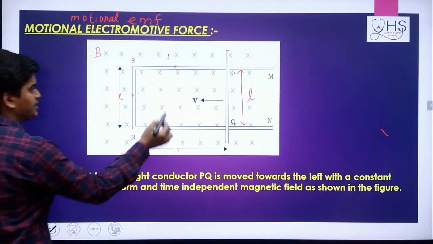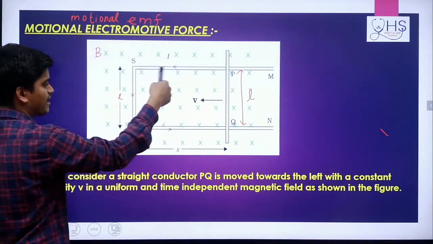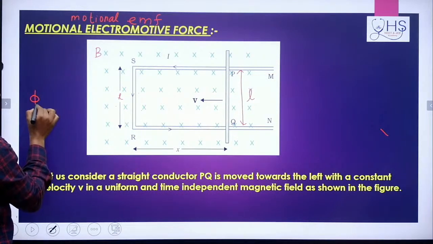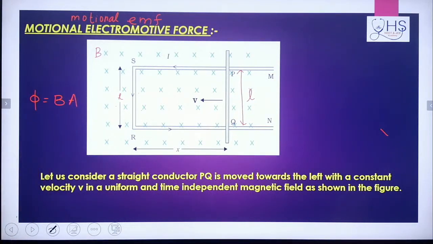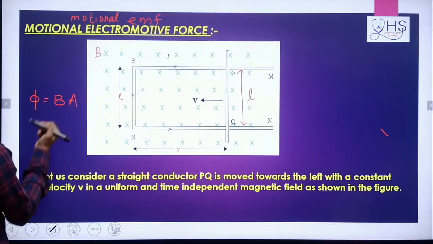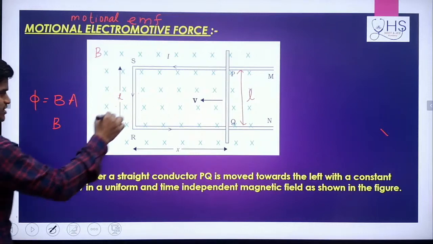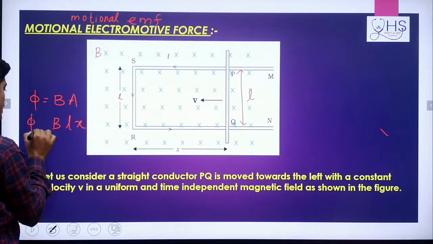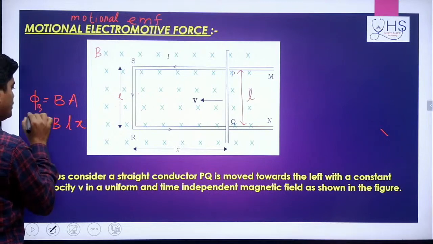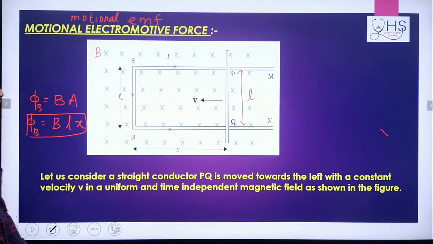Here PQRS is a loop with a magnetic field inside, and flux is magnetic field into area. The magnetic field is B, the length is L, the breadth is X, so the area is L into X. So the magnetic flux is BLX.